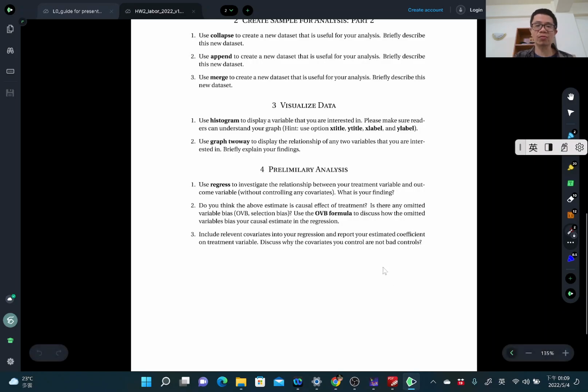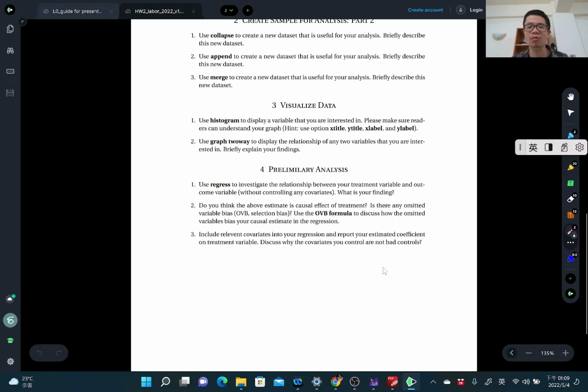Okay. And the final question is some preliminary analysis. If you have already determined what kind of data set you use, you should be able to do that. You don't need to do a very perfect analysis, just very preliminary. Just use a regression to learn the relationship between your treatment variable and the outcome variable.